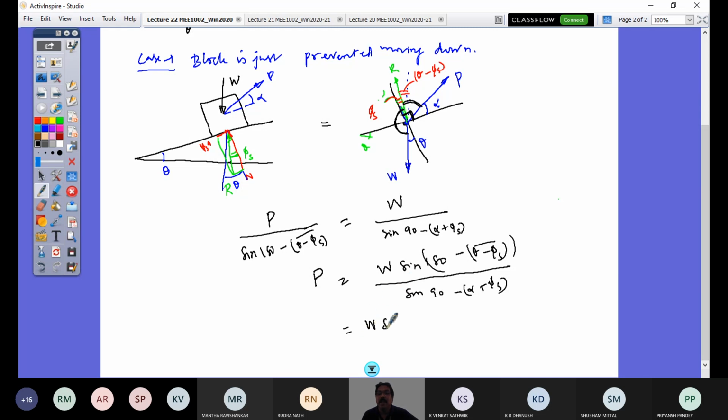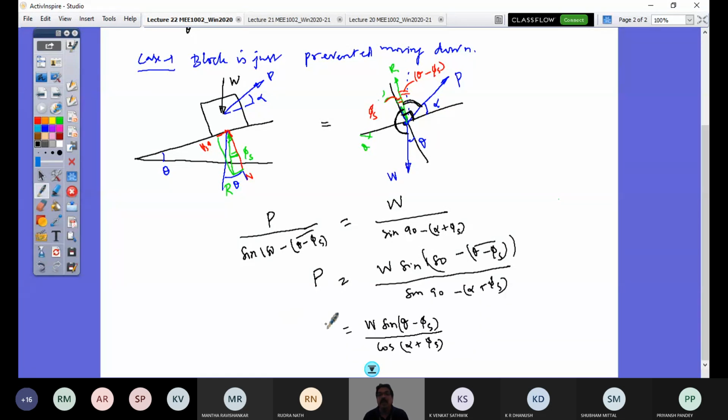So W sine of (theta minus phi s) by, sine 90 minus angle is cos angle, so cos (alpha plus phi s). Right?